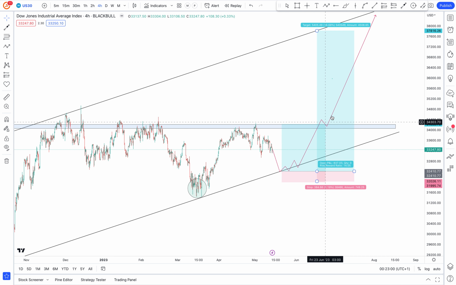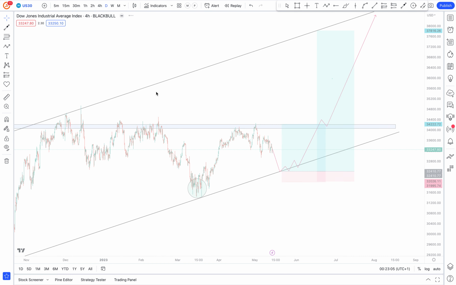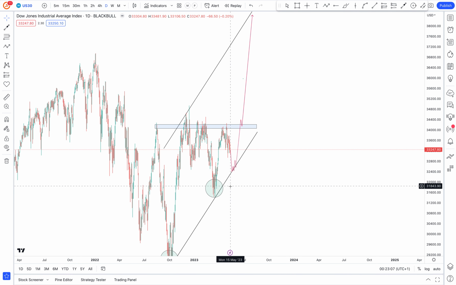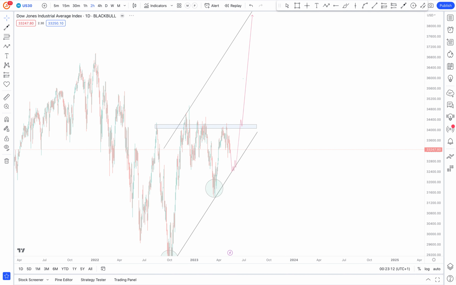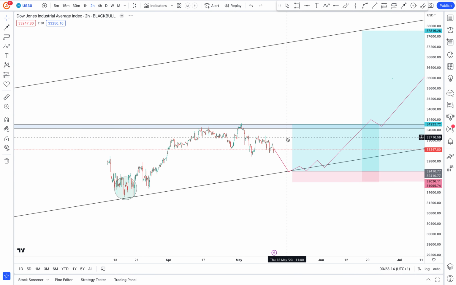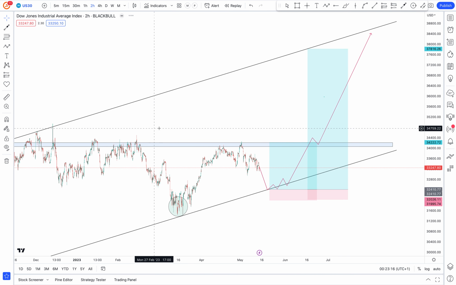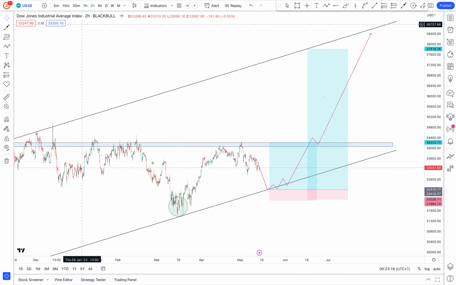But within this movement, you should be able to take some profits. All right, guys. So that is what I should be expecting on US30.